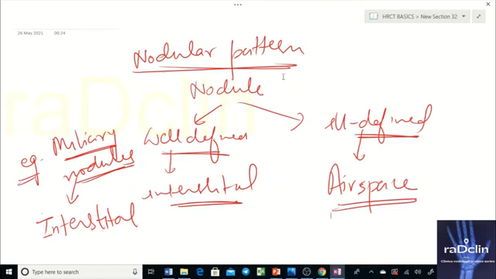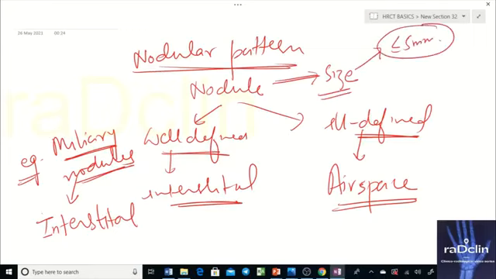Now size is also an important factor. If you have small nodules, typically less than 5 mm, or 5 to 10 mm, then remember this thing: less than 5 mm are typically interstitial pattern.